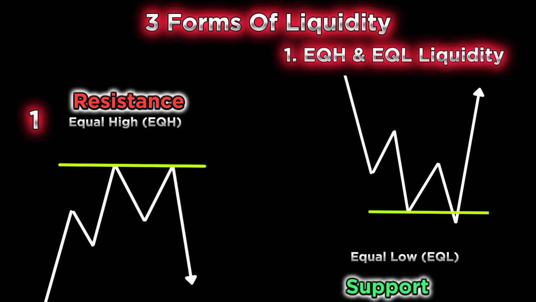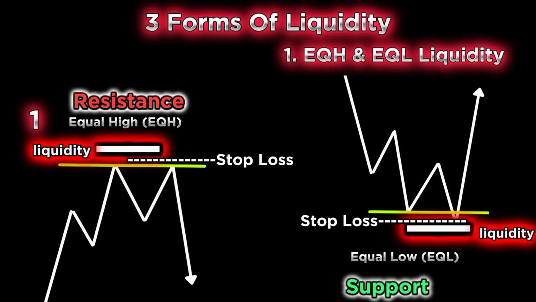One of the basic trading education ideas which a lot of traders are still working with suggests that when you have a resistance, you put a stop loss above the high. So based on that perspective, we know there are going to be a lot of stop losses above equal high levels. Also, many traders put a stop loss below the support if they buy at a support level, which means there's going to be a lot of liquidity underneath equal lows and a lot of liquidity above the equal highs.